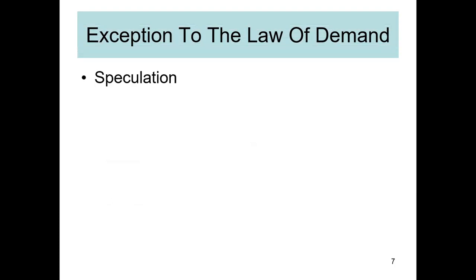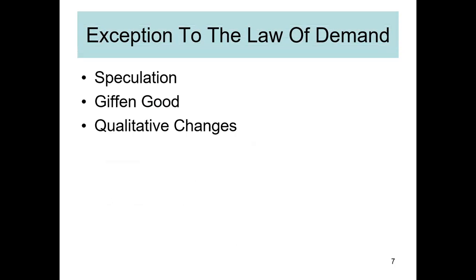What are the main exceptions? Speculation: if there is speculation, the law of demand may not work. Then Giffen goods, meaning goods like rice, jowar, bajra, wheat. Even if the price of those products increases, the demand may not decrease.